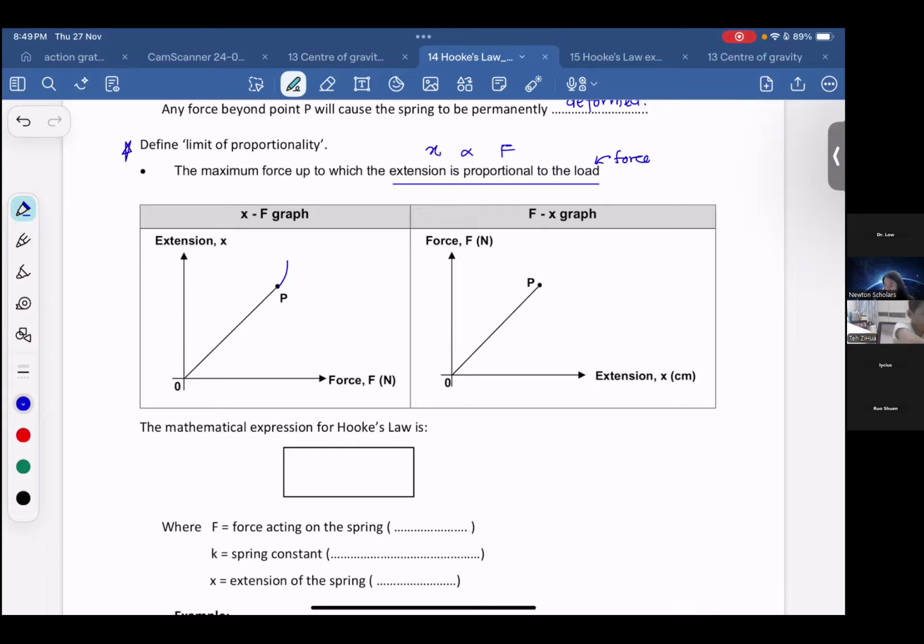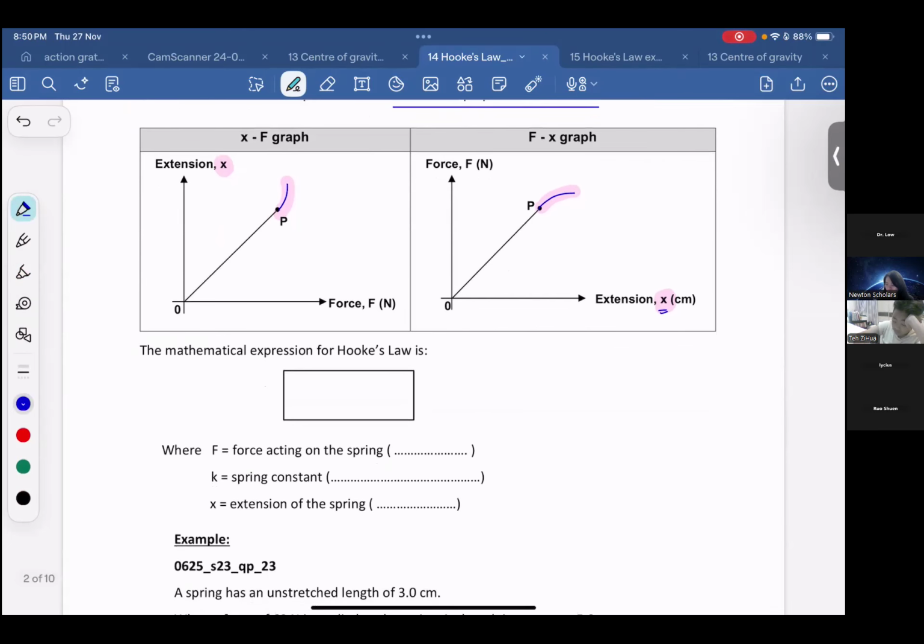For the second diagram, extension is on your x-axis, so it curves like this. So this is the part that I want to emphasize. When you do the question, you need to look at where your extension is. It will curve towards your extension after the point P, the limit of proportionality.